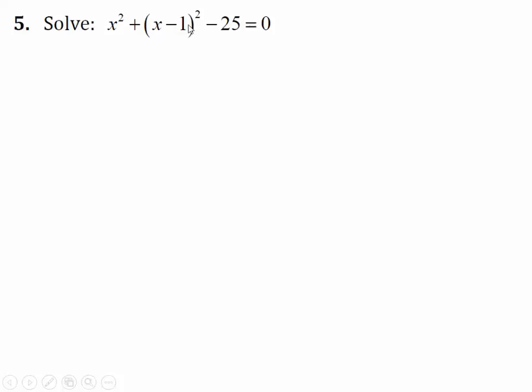So we have to multiply this guy out first. If you need to, go off to the side, just put x minus 1 times another x minus 1 and see what you get from that.